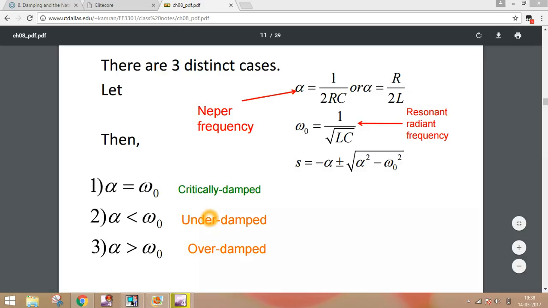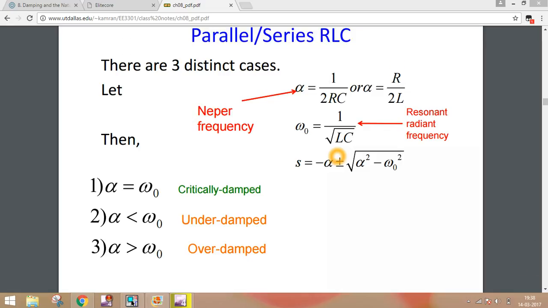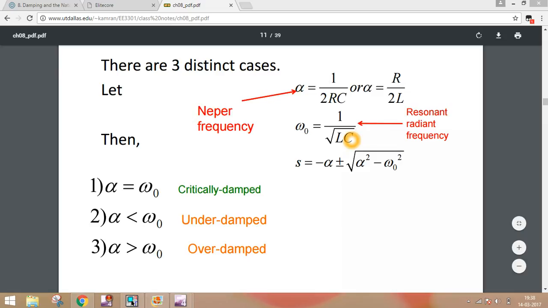So in case of underdamped, you have to put capacitance greater than 4 mF, and for overdamped, capacitance less than 4 mF, because we get capacitance 4 mF when alpha is equal to omega naught.